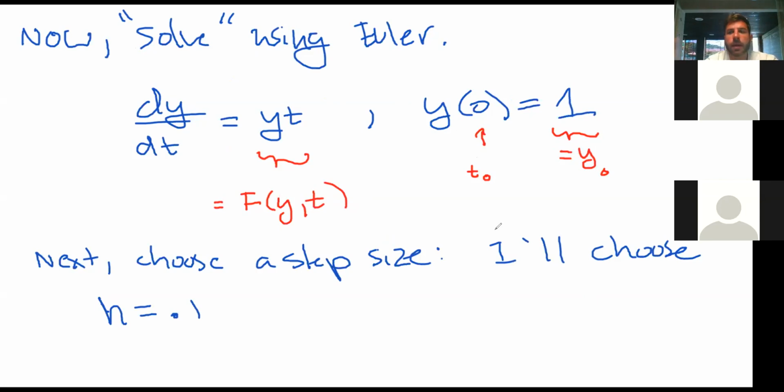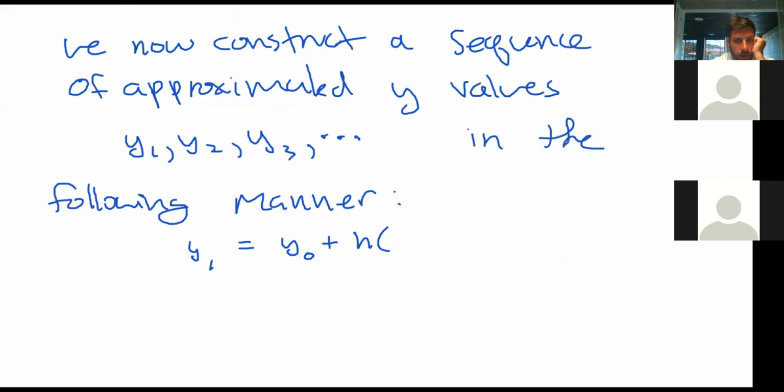What we're really doing is taking our domain and partitioning it into a discrete number of values. The first one is t sub 0, then t sub 1, t sub 2, t sub 3. So I call this h, and then this is going to be h times f.